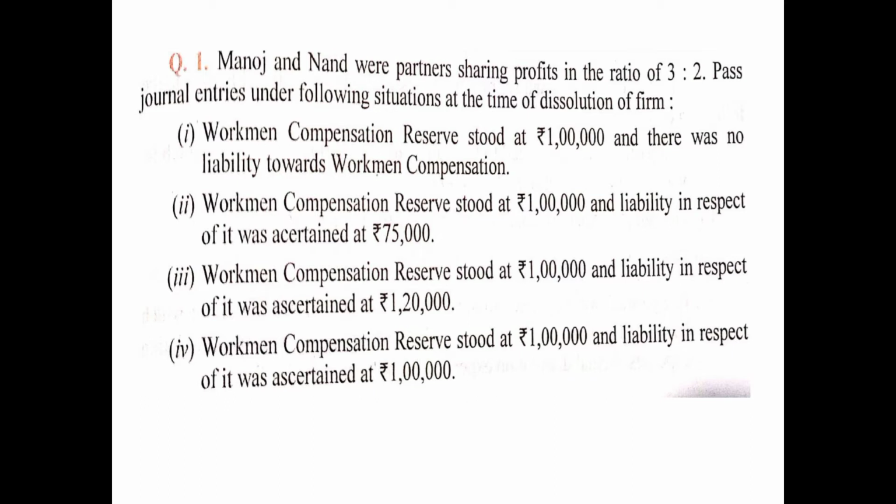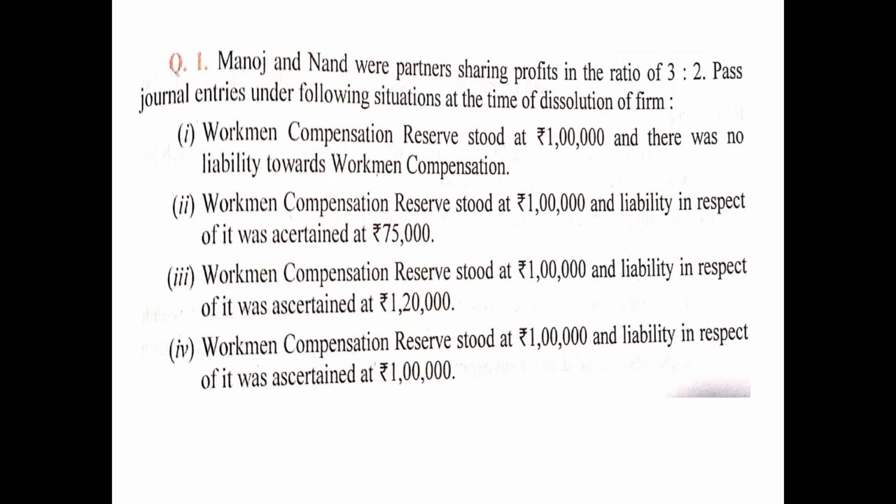Then case number 2 is workmen compensation reserve stood at rupees 1 lakh and liability in respect of it was ascertained at rupees 75,000. So out of this 1 lakh, 75,000 will be transferred to realization, and remaining 25,000 will be distributed among the partners Manoj and Nand in the ratio of 3:2 by way of surplus.